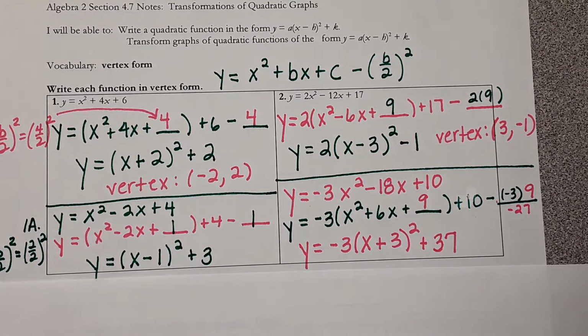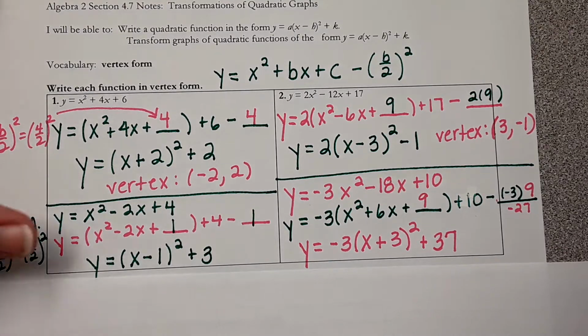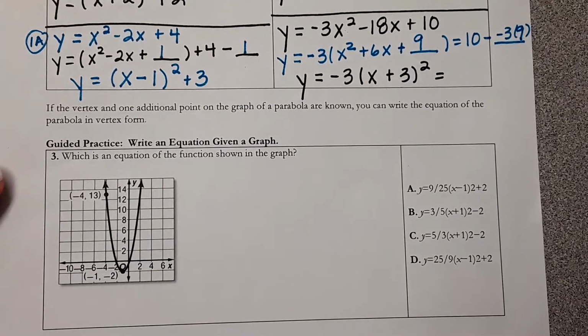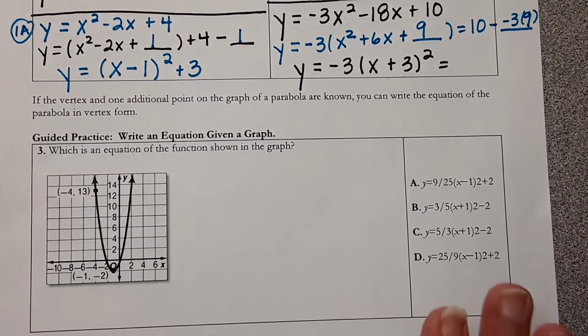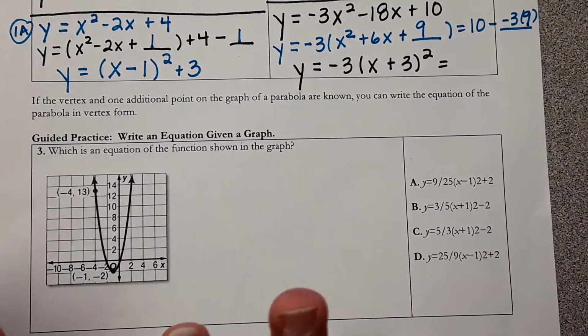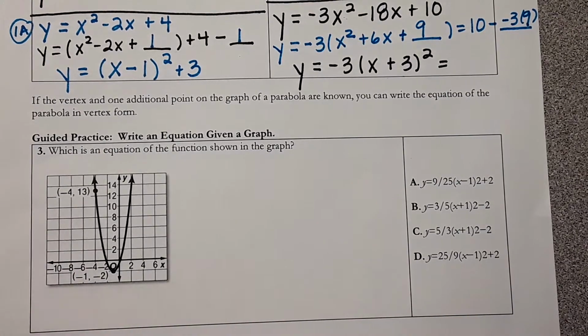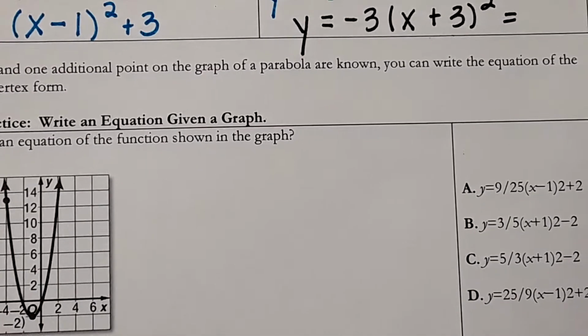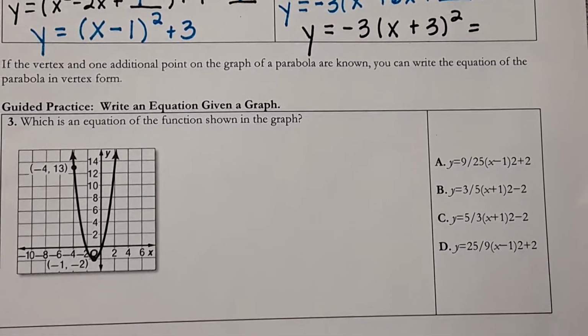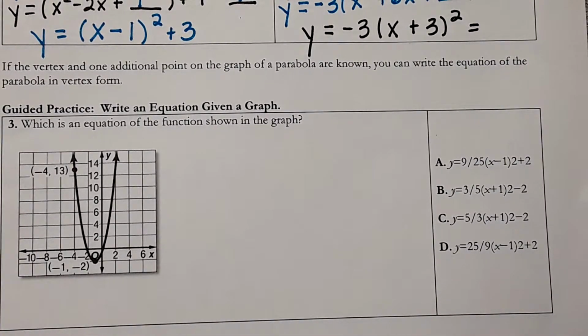Okay, so the next thing that we're going to do is I am going to show you how to find A from a graph. Anytime they give us a graph, they're going to give us 2 points.